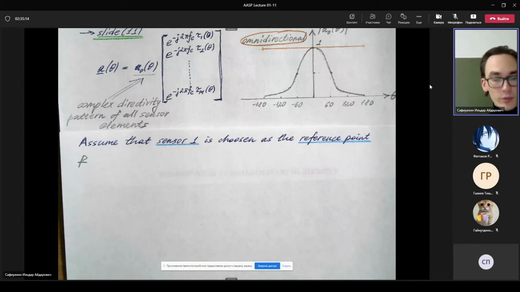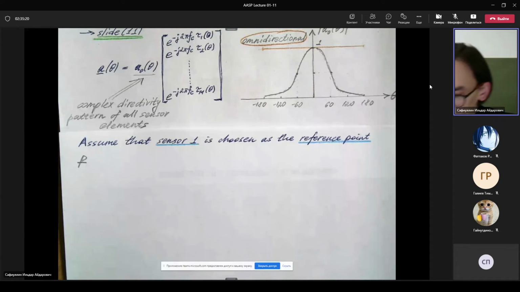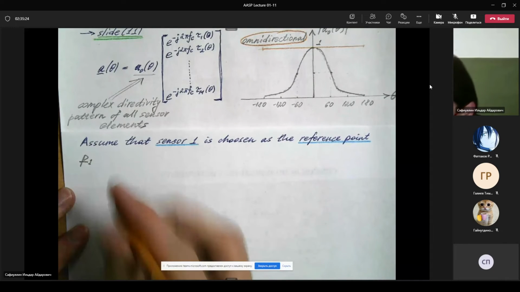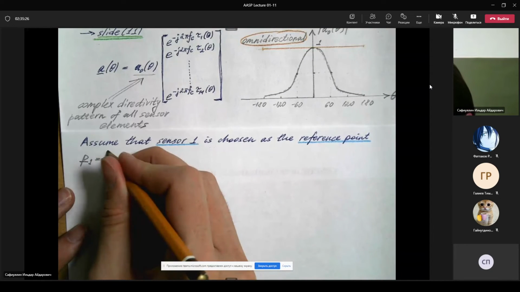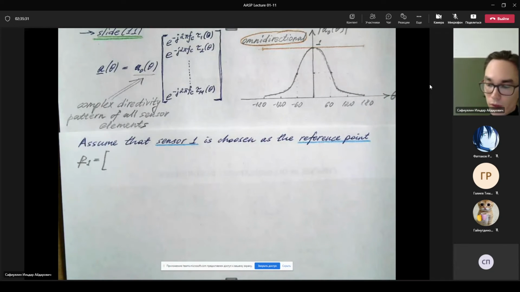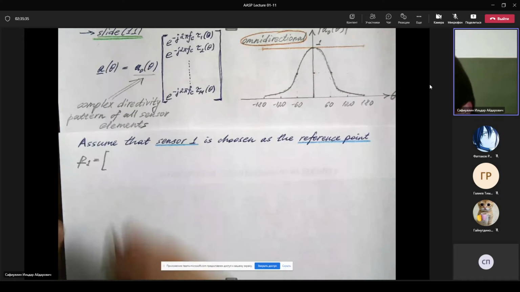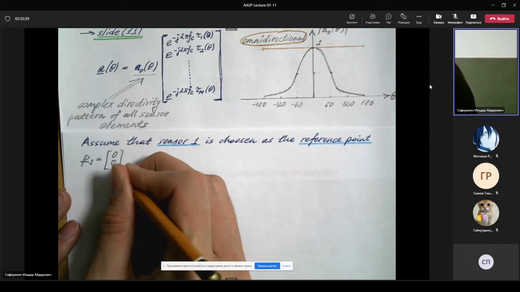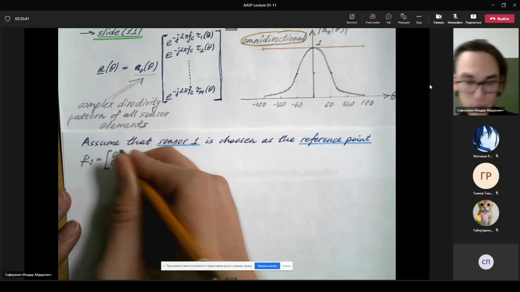And here I will show it only for the 2D case, so X and Y. For sensor 1, the location will be 0 and 0, because we choose it as the reference point.